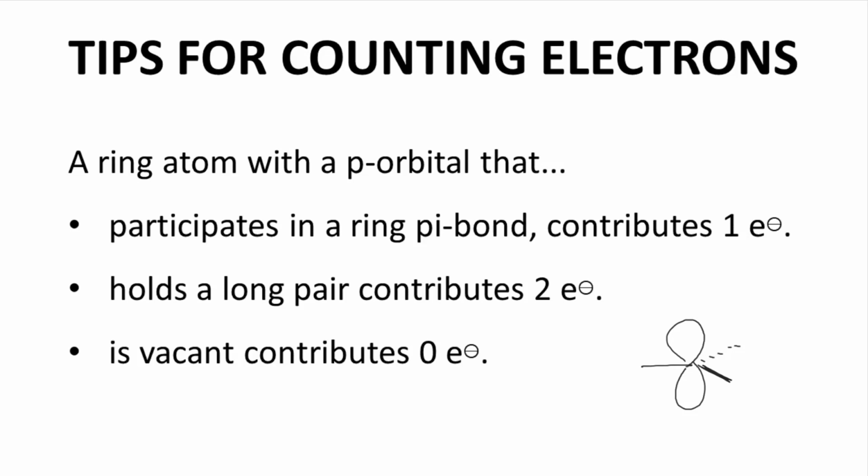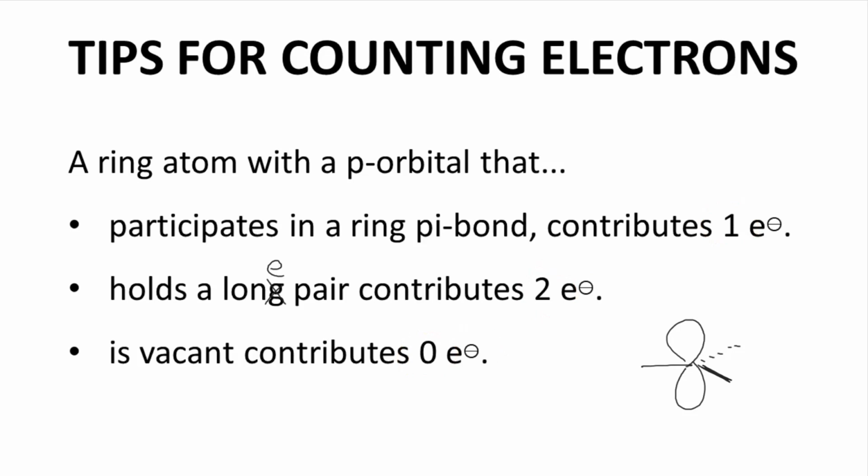If the p orbital holds a lone pair, then the atom contributes 2 electrons. In rare cases, a p orbital can be empty, vacant. In those cases, the atom contributes 0 electrons towards aromaticity. These are the 3 options: 1, 2, or 0 electrons.